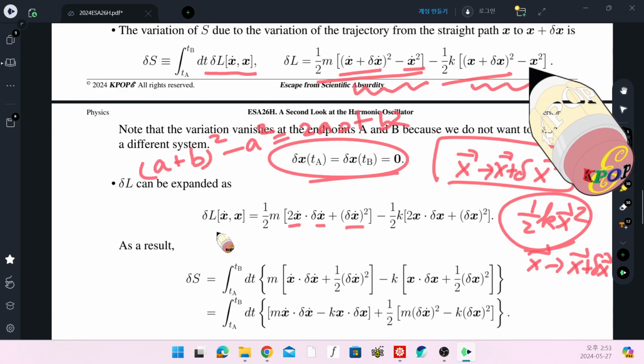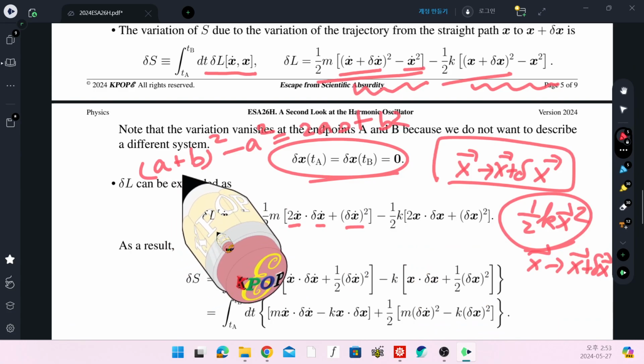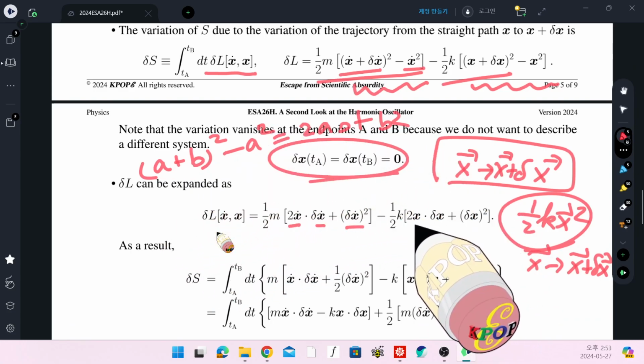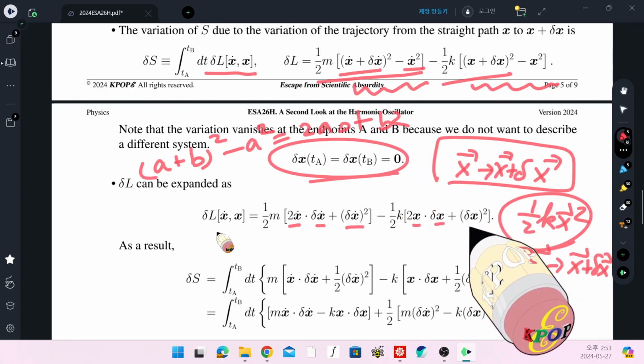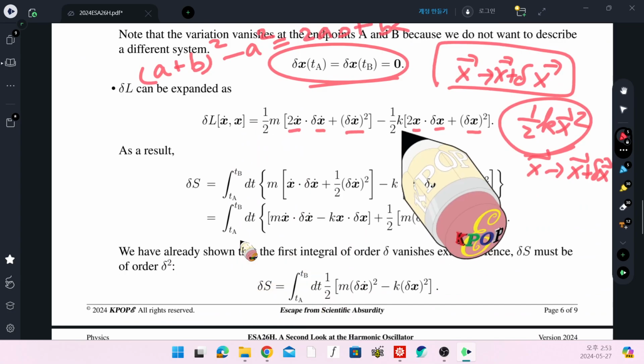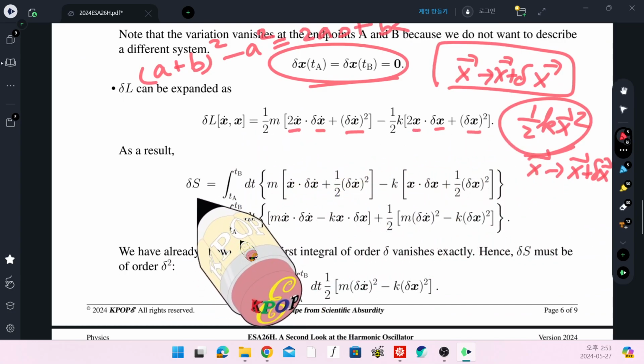Similarly, the variation of the potential energy is a plus b squared subtracted by a squared, 2ab plus b squared. All right, we substitute this integrand for the variation of the action.